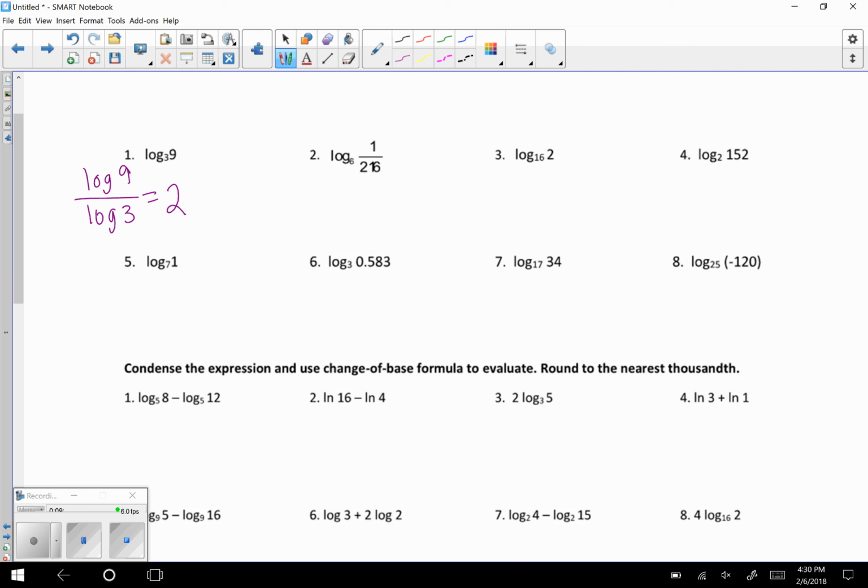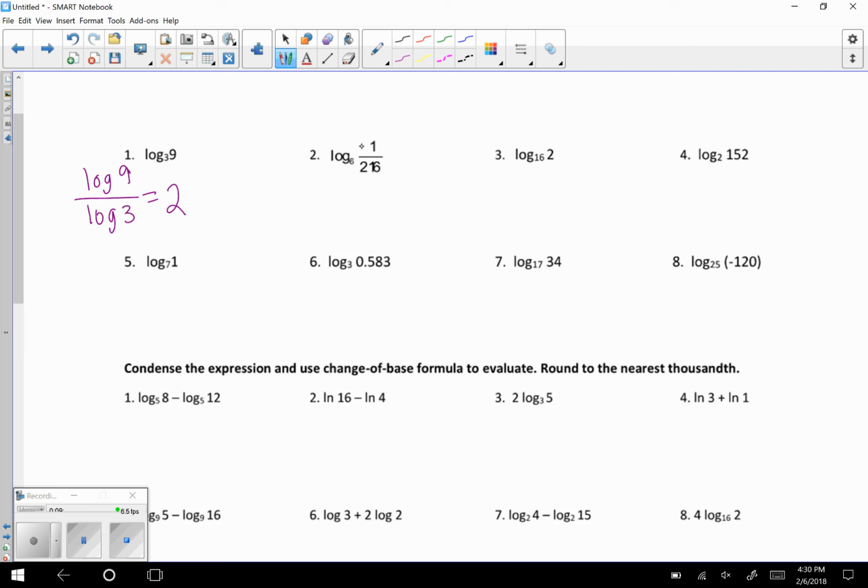Number 2, log base 6 of 1 over 216. That is 6 to what power is 1 over 216? Hopefully you're thinking in your heads, 6 cubed is 216, and that's 1 over 216. It's a fraction, so that means it's got to be a negative. So the answer would be negative 3. Let's see if we get that.